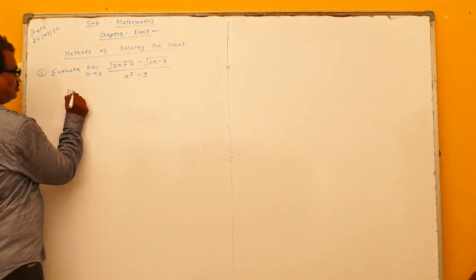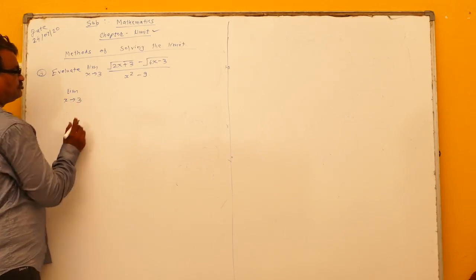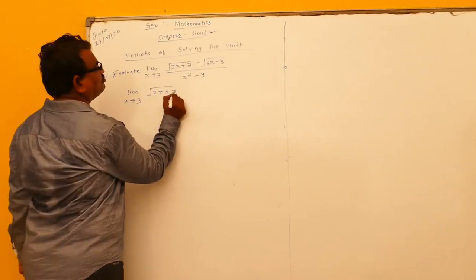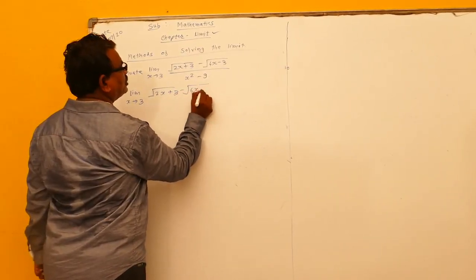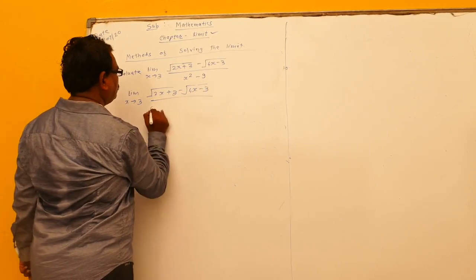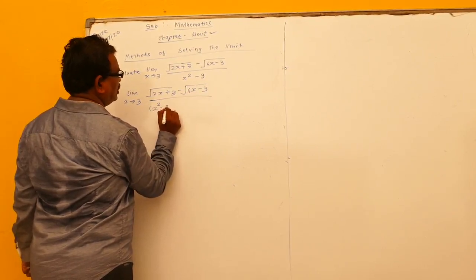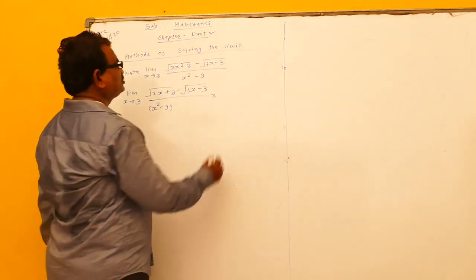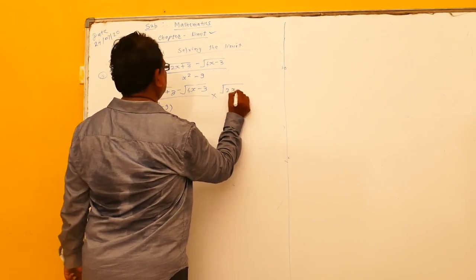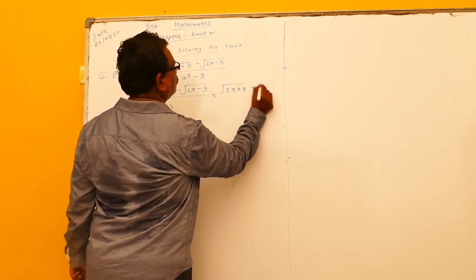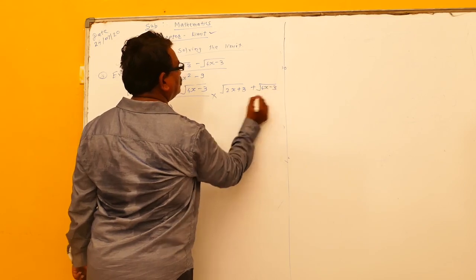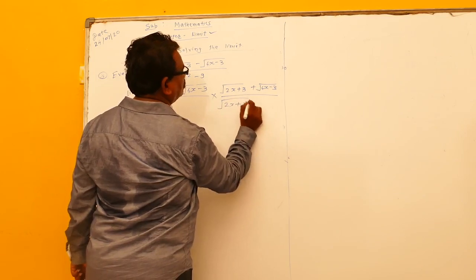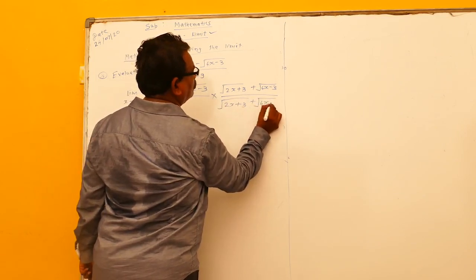So limit of x tends to 3, first we rationalize the numerator, under root 2x plus 3 minus under root 4x minus 3 divided by x square minus 9 as it is. Then rationalize it: multiply by under root 2x plus 3 plus under root 4x minus 3 divided by under root 2x plus 3 plus under root 4x minus 3.